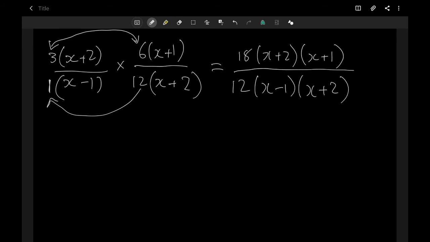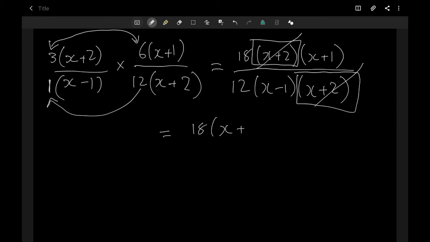So we're almost there now. We can now see that the top has an x plus 2 and the bottom has an x plus 2. So these two cancel each other out. So what you have left is 18 times x plus 1 over 12 times x minus 1.